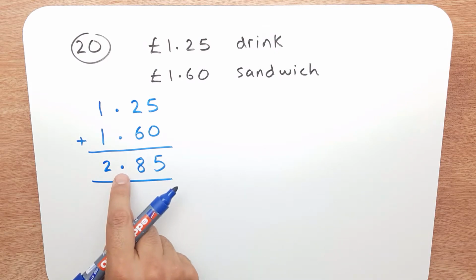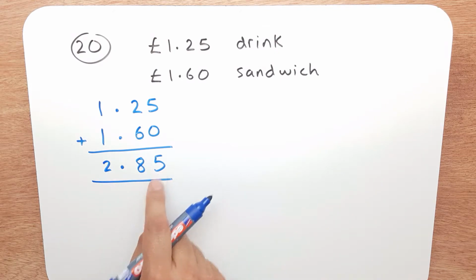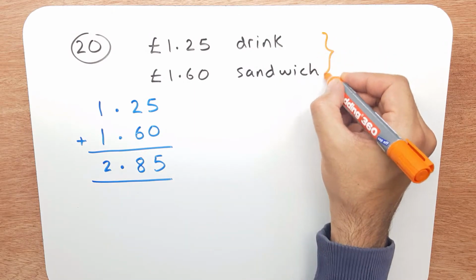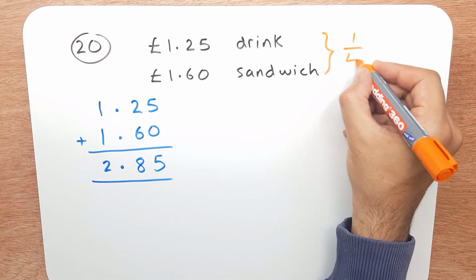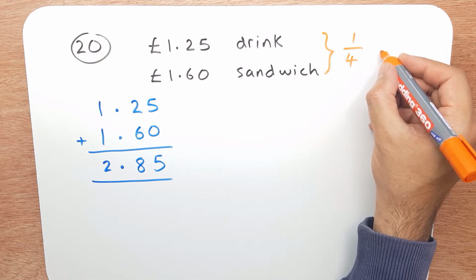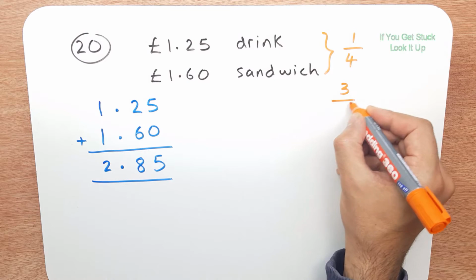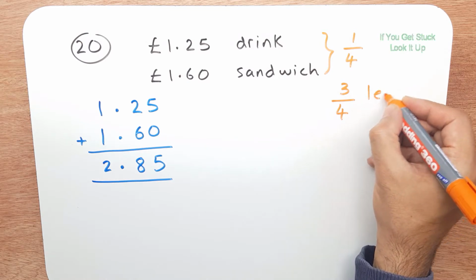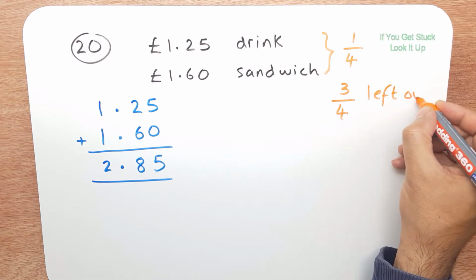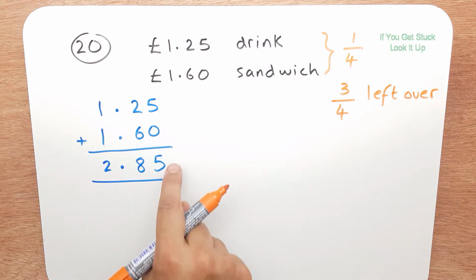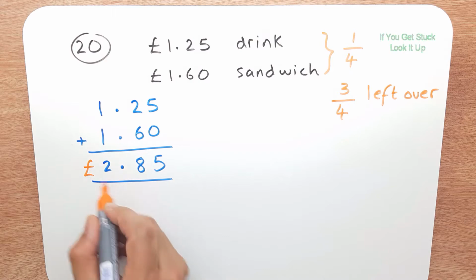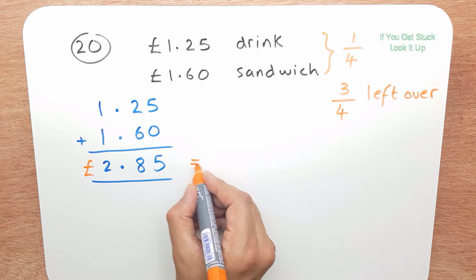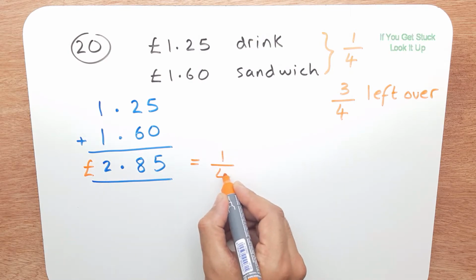So we have £2.85. Now they've also said that Lara has spent only 1/4 of her money. So she has 3/4 left over. So we know £2.85 equals 1/4.